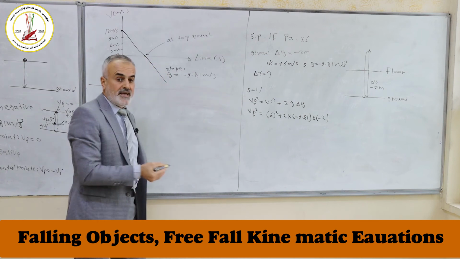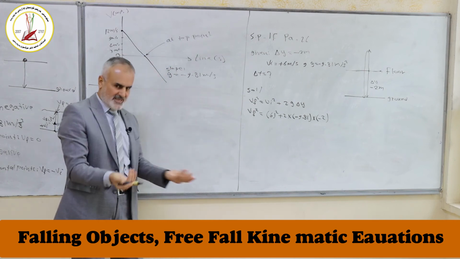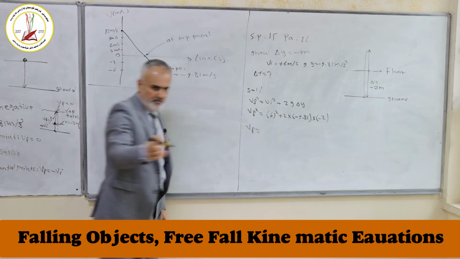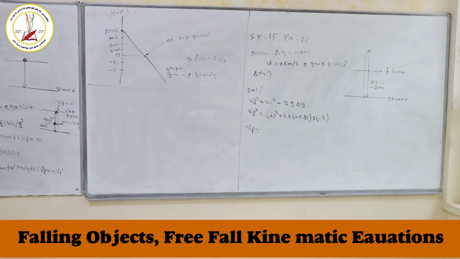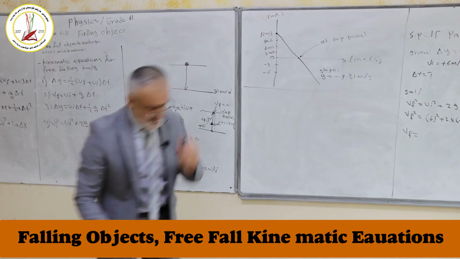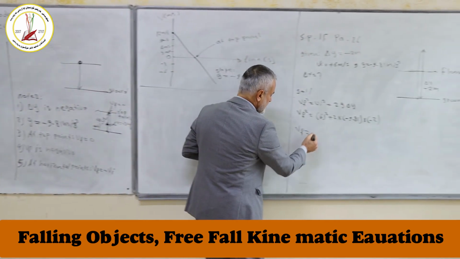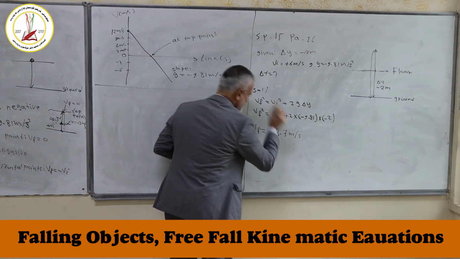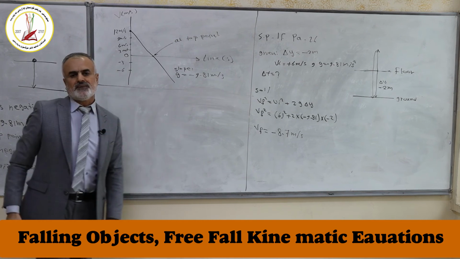So by using mathematical steps, we get v final, as in your book, equal to negative 8.7 meters per second. This is the final velocity.